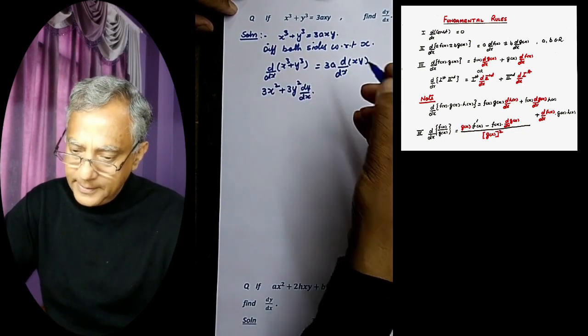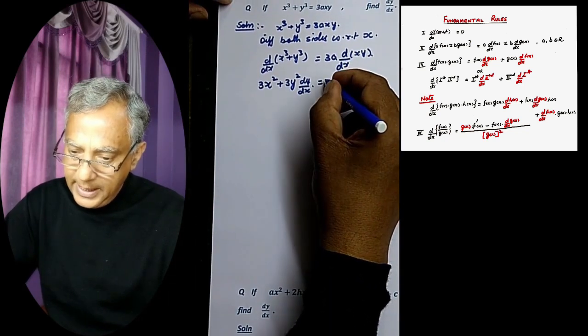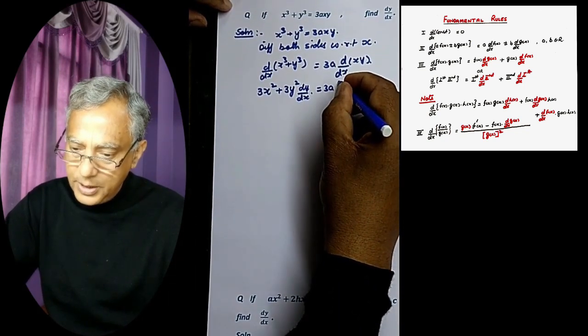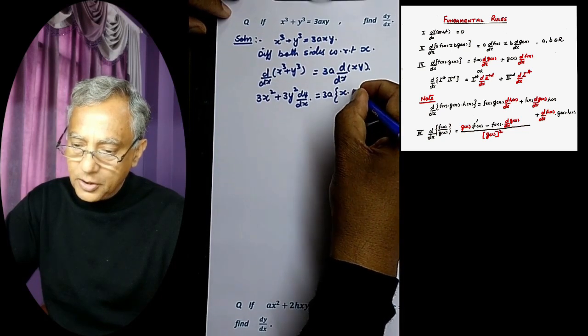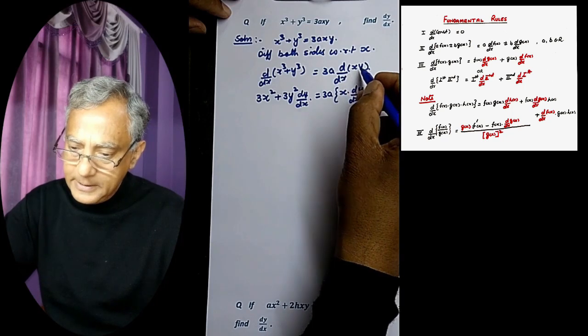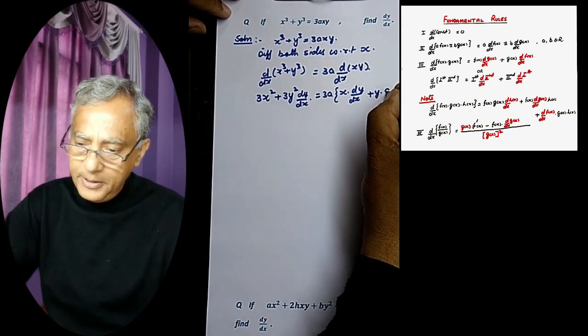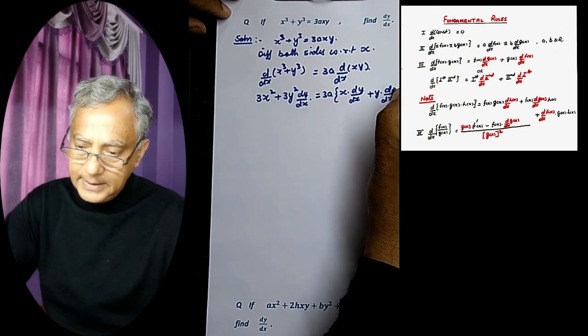And here it will be 3a whole into first function into differentiation of second plus second function into differentiation of first, that is x.